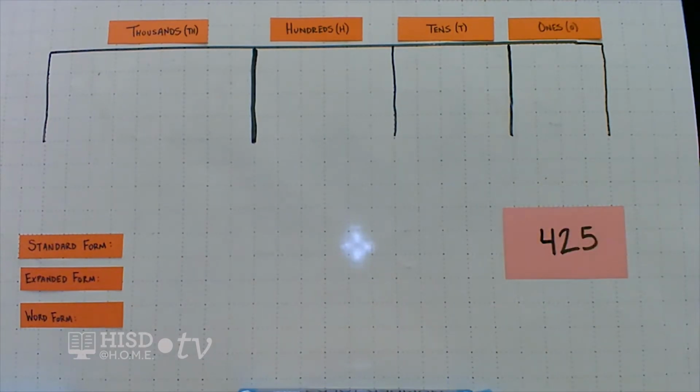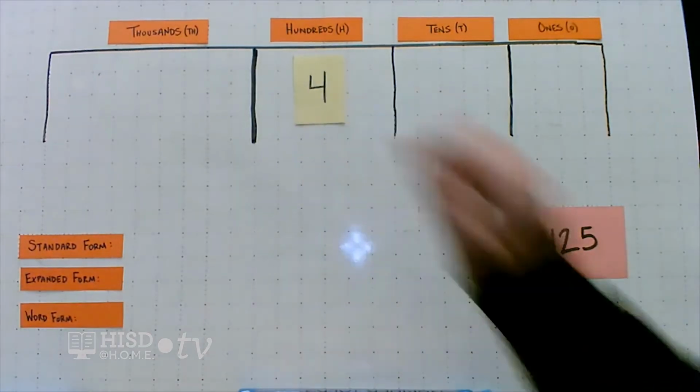And when we think about 425, we need to be able to decompose this into each of the place value positions that we see in our place value chart. So we know by looking that we have 4 in the hundreds place value position.